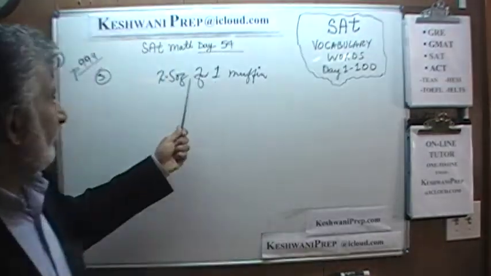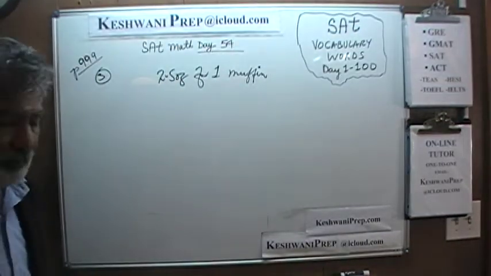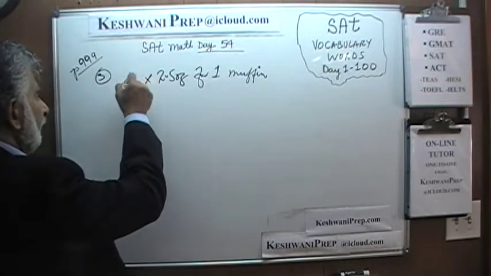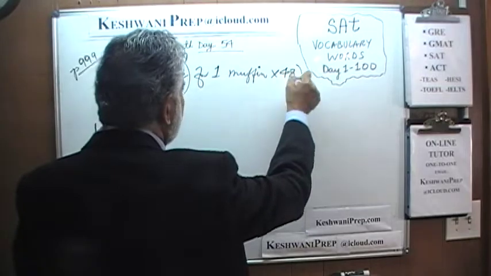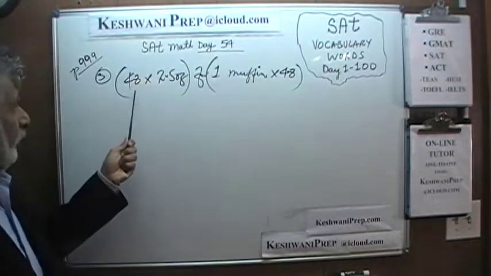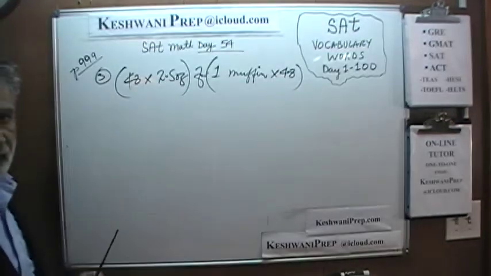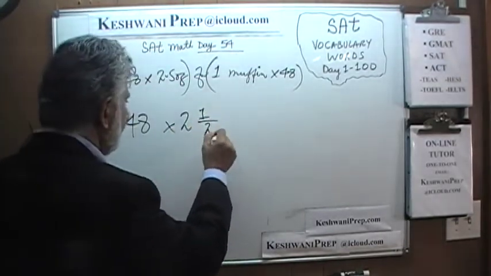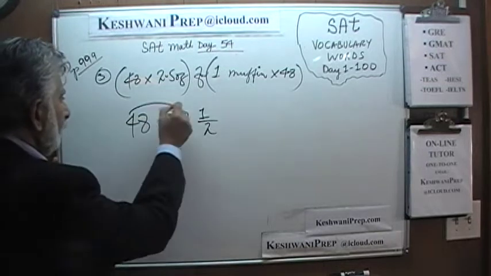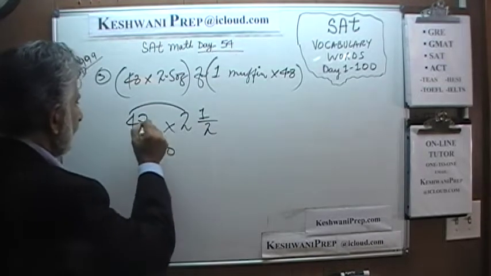We already know how much we need for one muffin. Since we want to make 48 muffin, let's make 48 muffins. Multiply both sides by 48. There we go. Now we have 48 muffins. All we have to figure out is, what is 2.5 times 48? 48 times 2.5. Let's find out, shall we? 40 times 2 is 80.